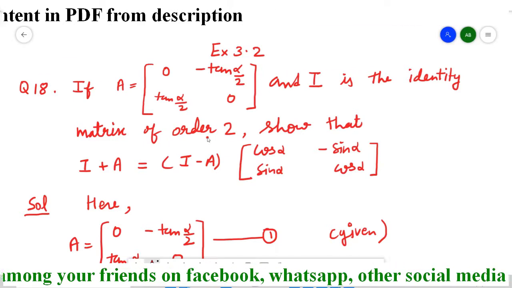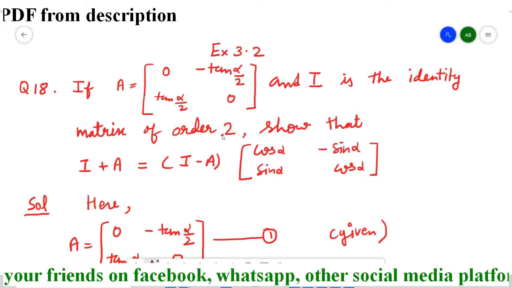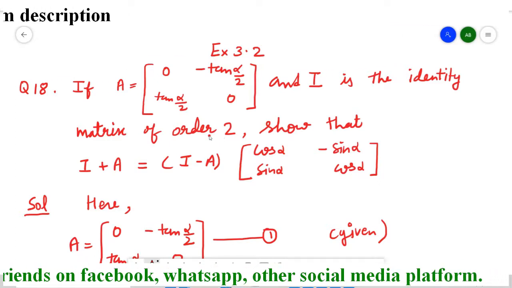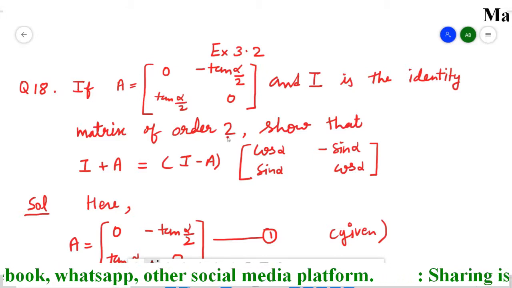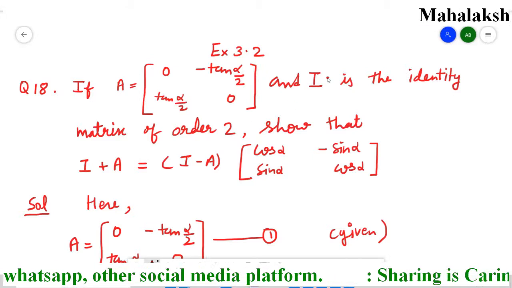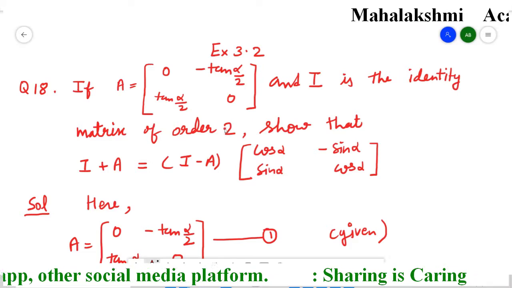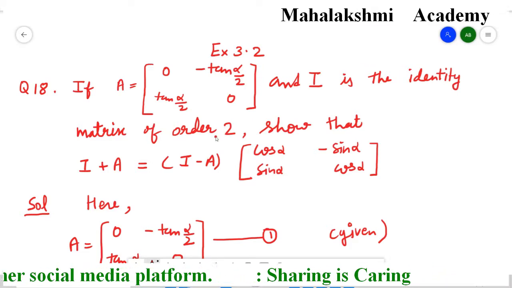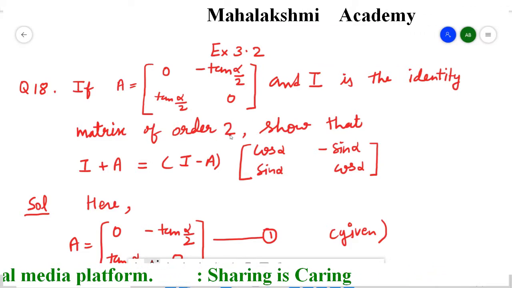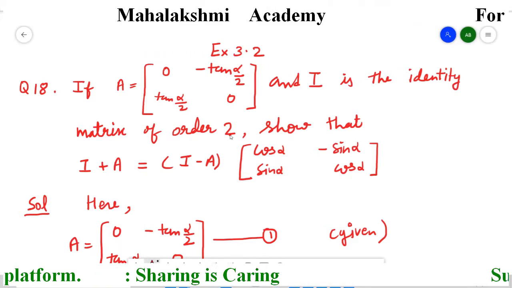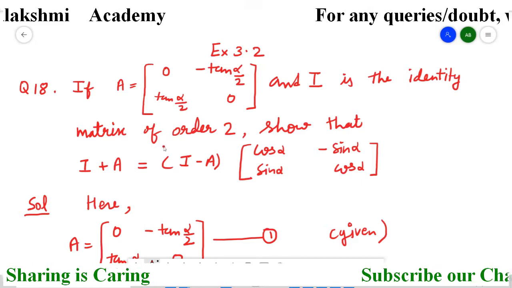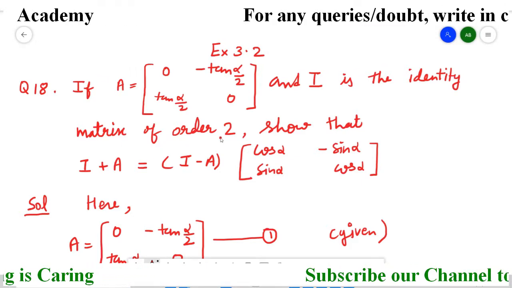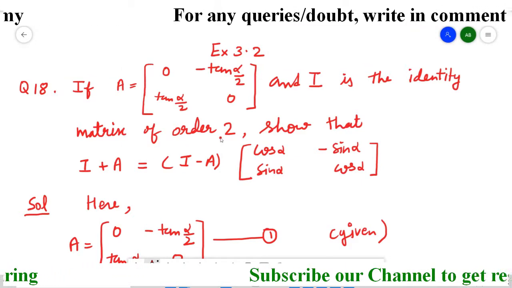So in order, two numbers used to come in multiplication, but if only a single number is appearing, it means it's a square matrix. So I is an identity matrix, and you know that an identity matrix is always a square matrix, and its order is 2, meaning it's 2 by 2, rows are 2 and columns are also 2. So I is the identity matrix of order 2, a square matrix of order 2 by 2.